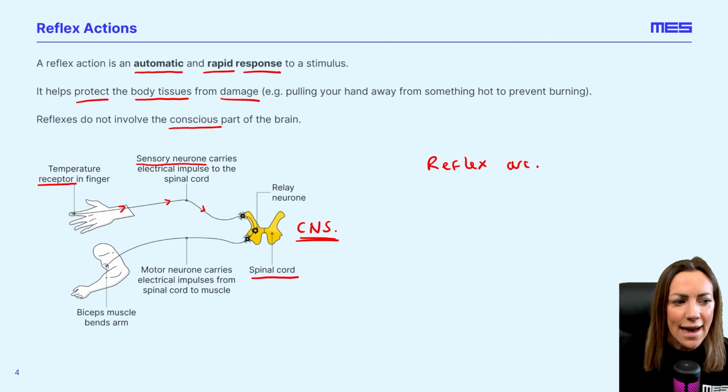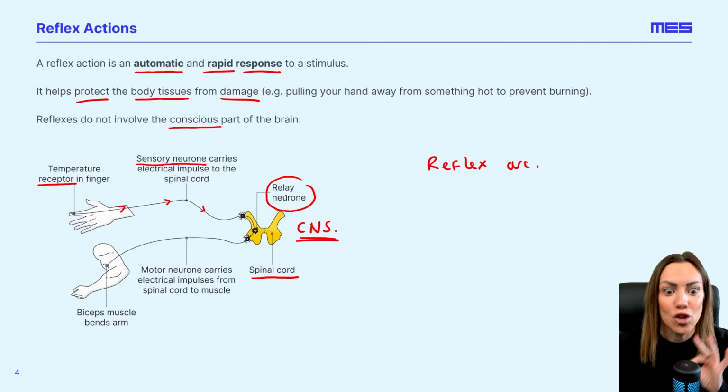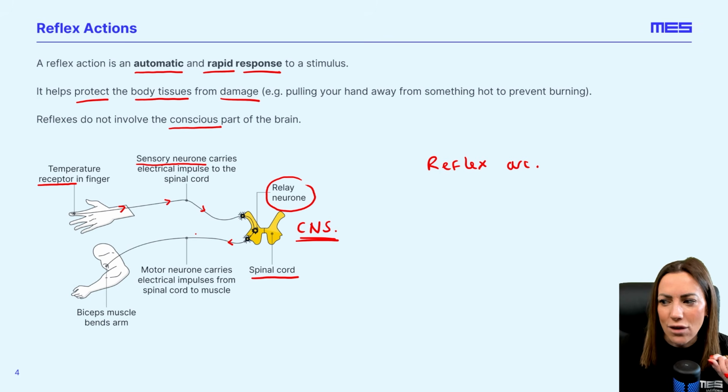Now, from there, it's going to travel down a relay neuron, which is in the central nervous system. So it's in between the sensory neuron and the motor neuron. Here it's in the spinal cord. Then the electrical impulse is going to travel back out down a motor neuron. The motor neuron carries the electrical impulse to what we call the effector, which will cause the response.